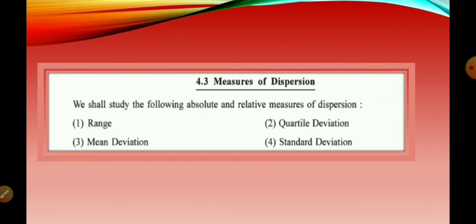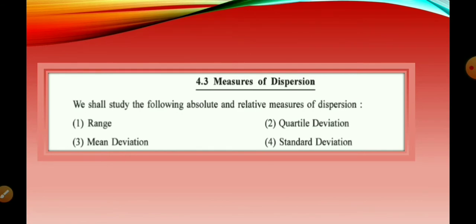Next, how many measures of dispersion are there? Generally it is asked as a one-liner also. There are total 4 measures of dispersion. The very first is range, second is quartile deviation, third is mean deviation, and fourth is standard deviation.